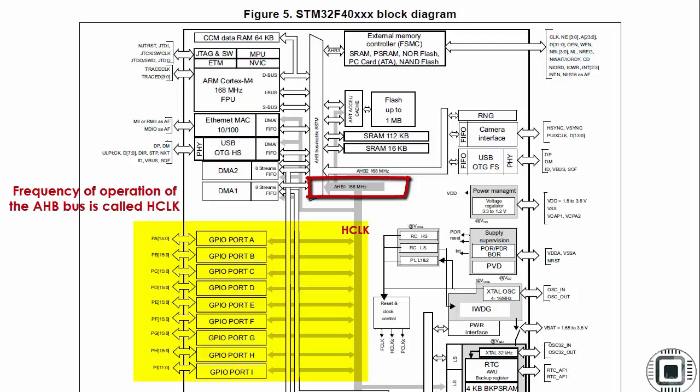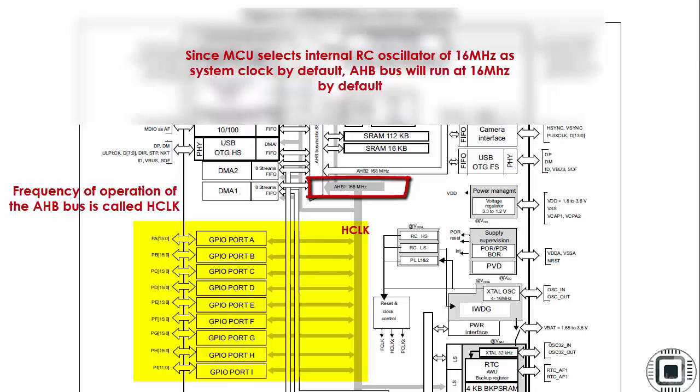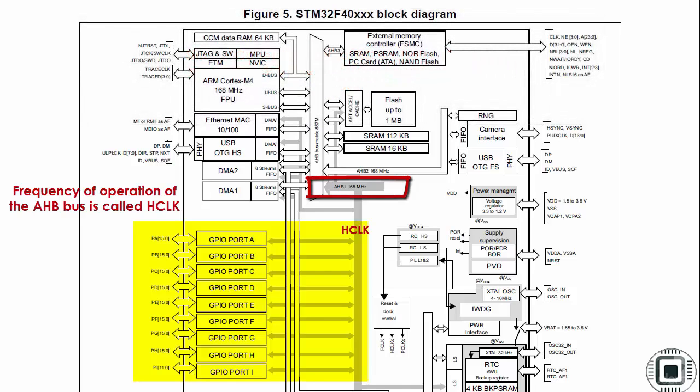So the peripheral clock of the GPIO port is derived from the AHB1 bus clock. In our case, AHB1 will run at 16 MHz because we are using the internal RC oscillator of 16 MHz as the system clock. By default, the peripheral clock of almost all peripherals is disabled to save power.